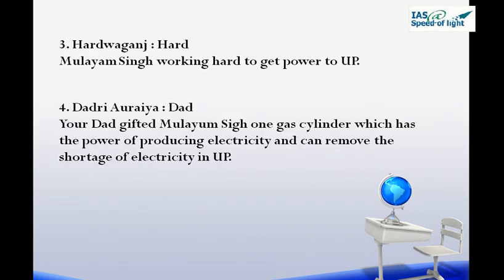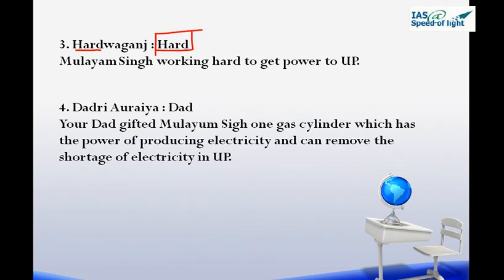The third thermal power plant in Uttar Pradesh is Hardwa Ganj. Hardwa becomes hard. Okay, Hard Hardwa or hard. So Mulayam Singh Yadav, being a prominent politician in Uttar Pradesh, is trying very hard to get power to UP, because UP we all know like it's a very power deficit state.